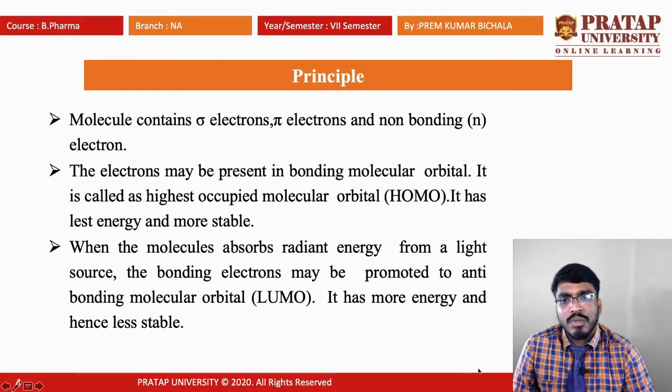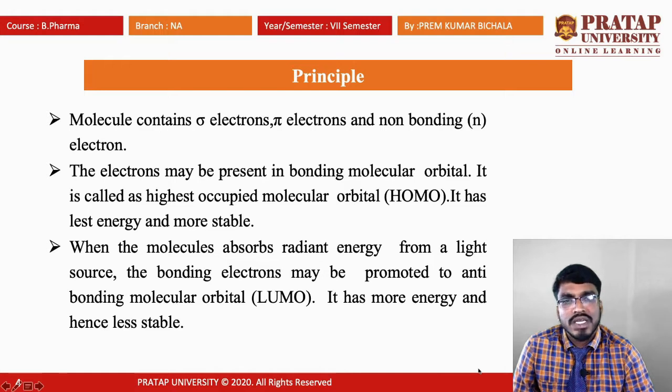Whereas when the molecule absorbs radiant energy from a light source, the bonding electrons may be promoted to anti-bonding molecular orbitals, that is LUMO. In this state, it has more energy and is less stable.